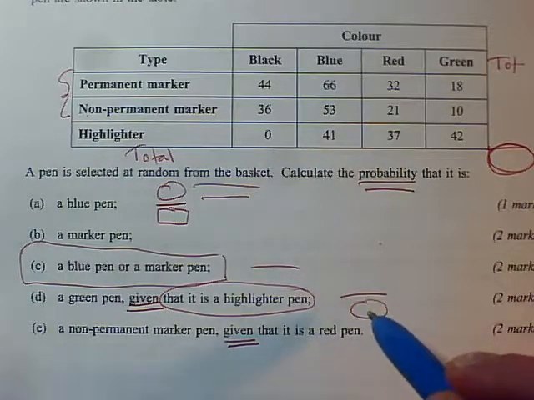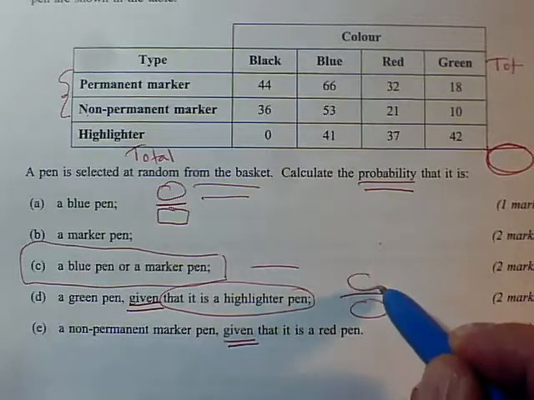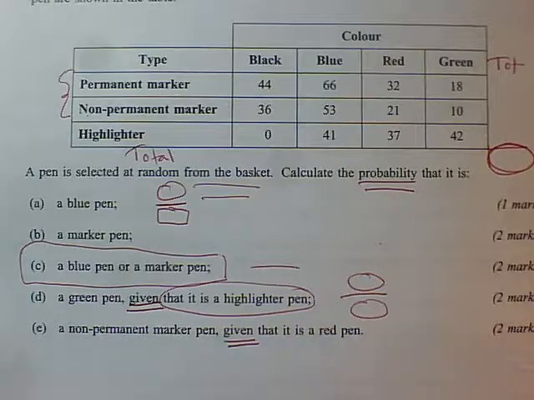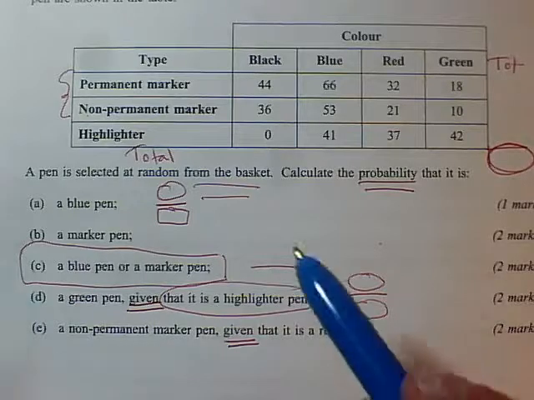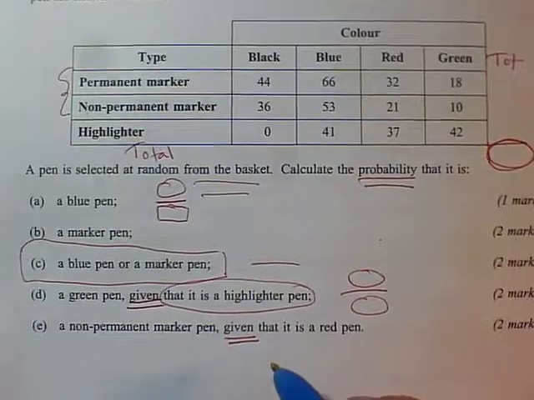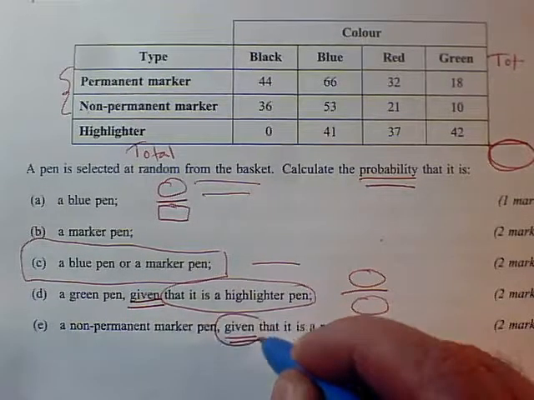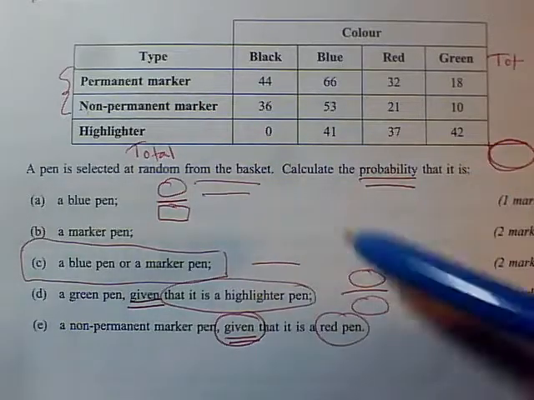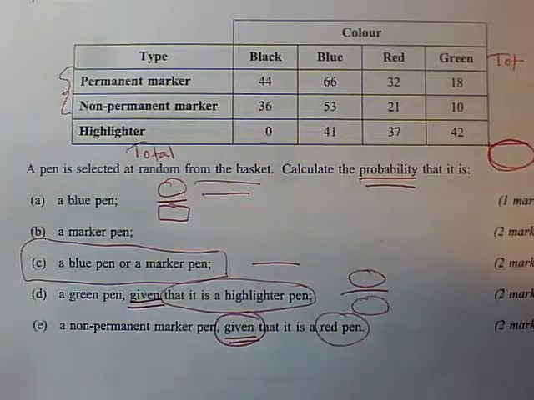Okay, and then we fill in the top number, so this top number will be the number of green pens out of that number of pens that we could be choosing from. So again, you have to decide what from the table will give you that top number. And the second one is a given again, so this time we're given it's a red pen, so that means that there are some places in the table we can be, some places in the table we can't be.